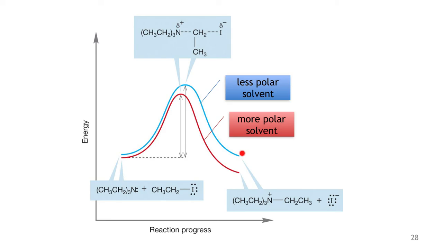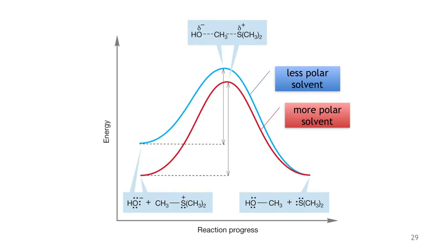It would be less favorable in the less polar solvent. So you have to think about how the solvent interacts with the transition state, because it can alter the height of the activation energy and thus the rate of the reaction. You also have to consider how the solvent will interact with the products, because that can increase or decrease the delta G of the reaction.